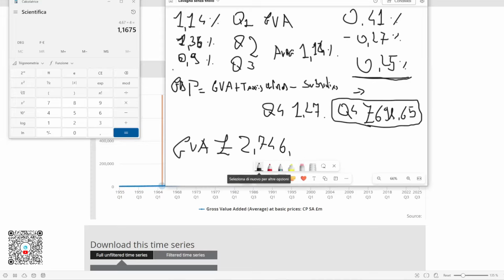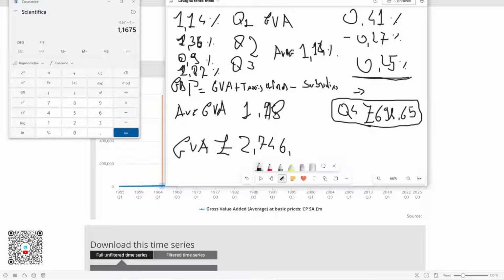Our Q4 average growth is theoretically 1.27, more or less, and the average gross value added growth for all 2025, the average GVA in 2025, let's call it 1.18%. I want to be generous, so let's round it up: 1.17, 1.18%.